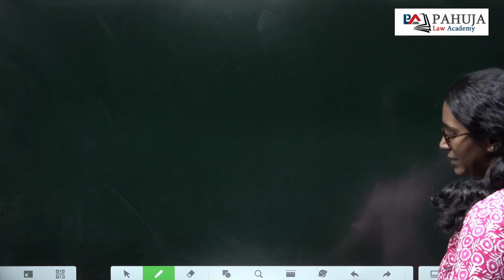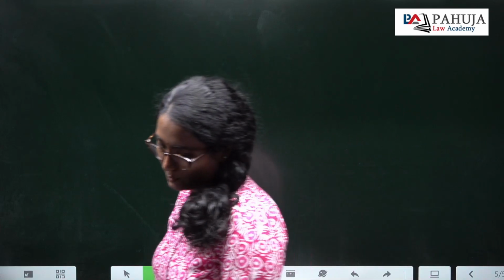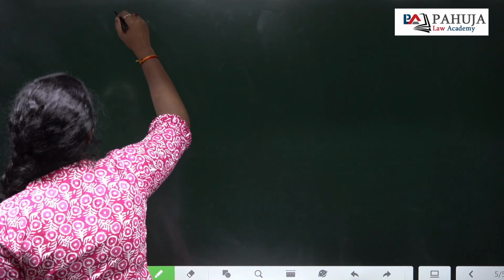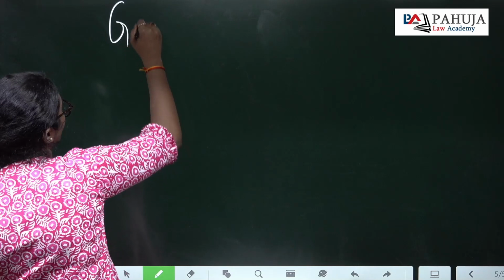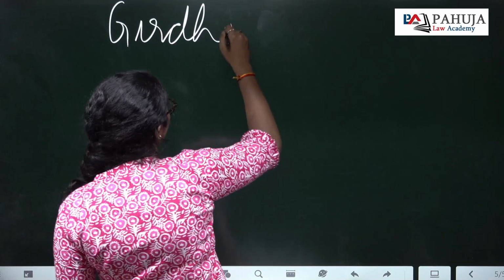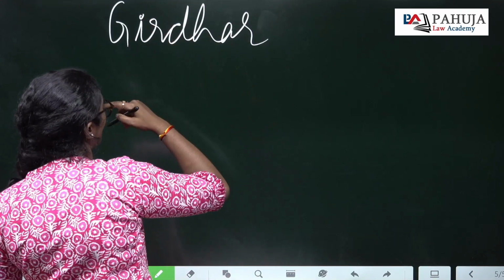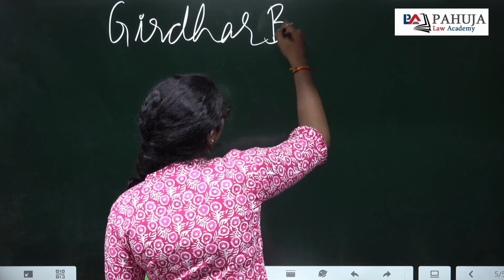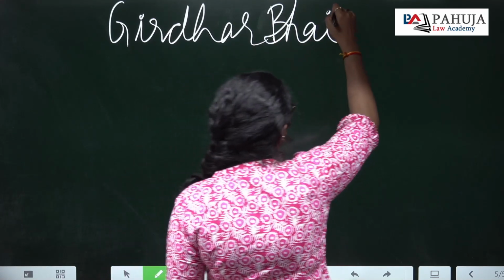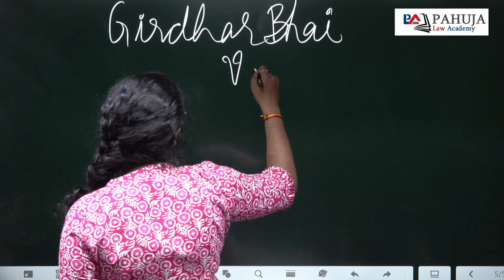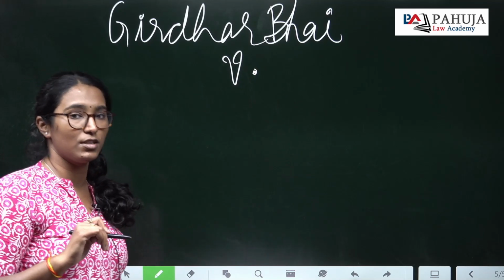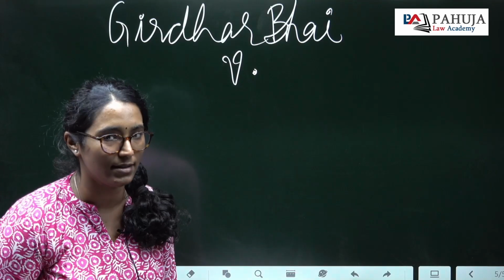In another interesting case, Girdhar Bhai versus Syed Muhammad Qadri. These judgments are very important from the point of view of main examinations, because from these judgments आपकी जो DJs के problem based questions हैं वो बन करके आ सकते हैं.